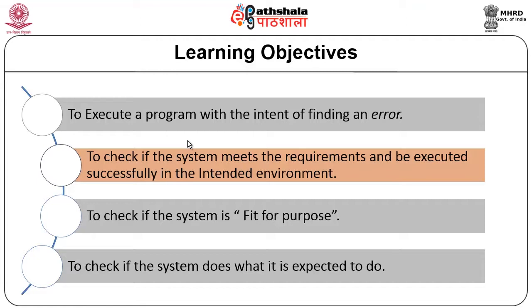Initially, we have specified a list of requirements, and now as part of testing we are ensuring that all the requirements have been met, and checking if the system is fit for the purpose. With what purpose we started initially, we have to match it to the actual purpose, and finally check if the software does what it is expected to do.